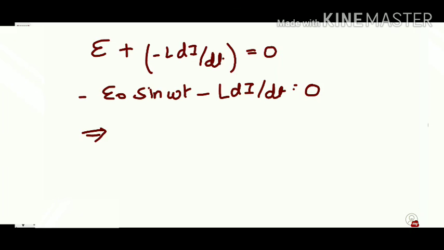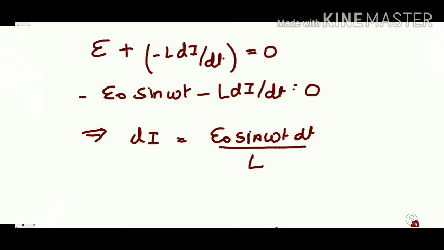Right, so I am going to bring di to one side. So di will be equal to epsilon naught sine omega t dt divided by L, right? Just rearranging it. Clear? Now we want the expression for current only, right? We gave voltage, we want the expression for current.